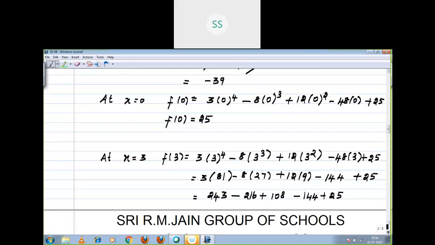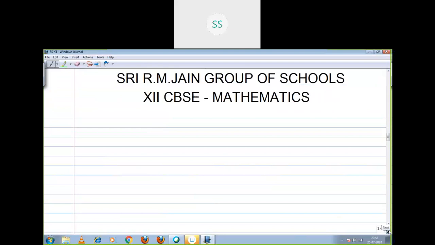Now we are going to simplify, which is equal to 16.